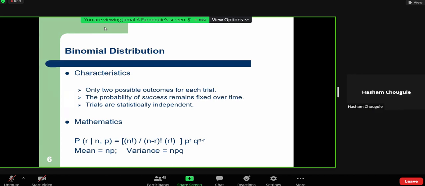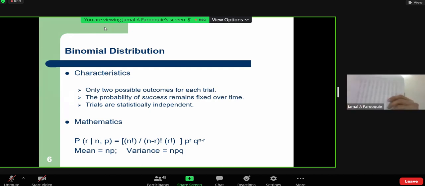X, sir. 0, 1, 2, 3, it increases by 1. As n is increasing, X is increasing. Okay, so whatever your table is, understand with this and compare it with your table.